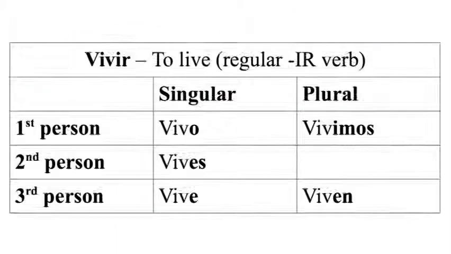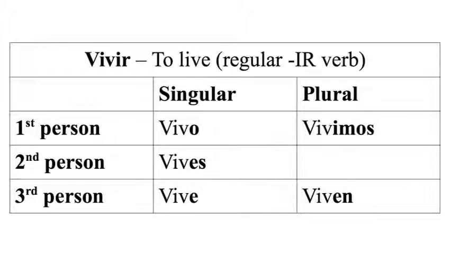Now, for the nosotros and vosotros forms, you'll have the endings that you probably thought an IR verb would have in the first place. What kind of endings do you think an IR verb would have? With I's, right? So, instead of an E in emos and an E in és, let's just change them to I's. Nosotros vivimos.